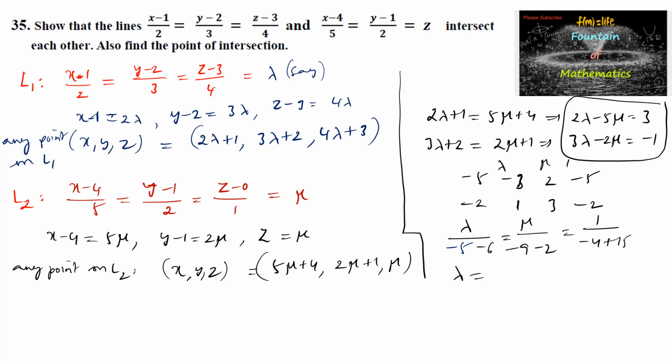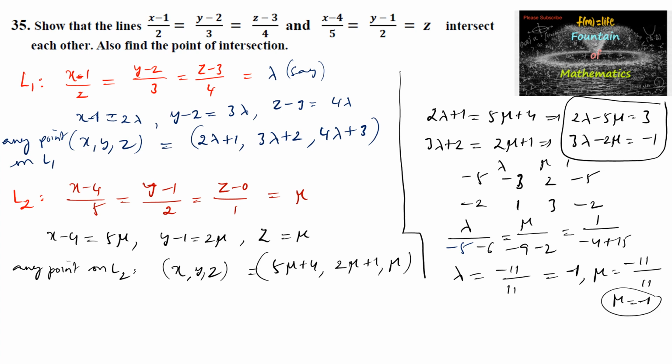So lambda is equal to, so we can write minus 5 minus 6 is minus 11 upon 15 minus 4 is 11, that is minus 1, and mu value is equal to, you're getting minus 9 minus 2, that is minus 11 divided by 15 minus 4, which is 11, which is minus 1. So mu is equal to minus 1, lambda is equal to minus 1, we got it.